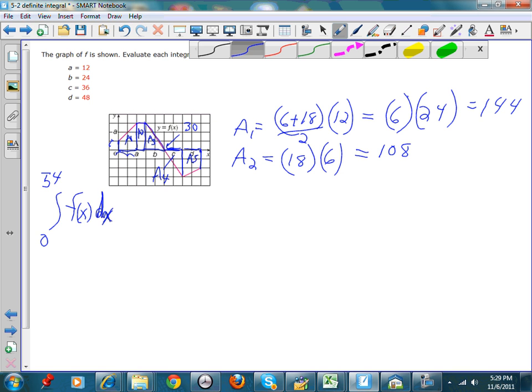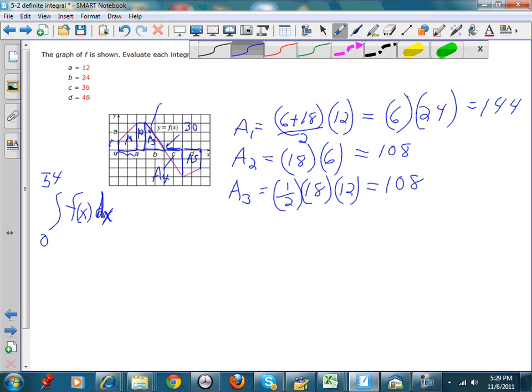Okay, how about this A3 now? A3 is a triangle. So it's going to be 1/2 the height, which is 18, times the width, 12. That looks like it's also going to be 108. Okay?